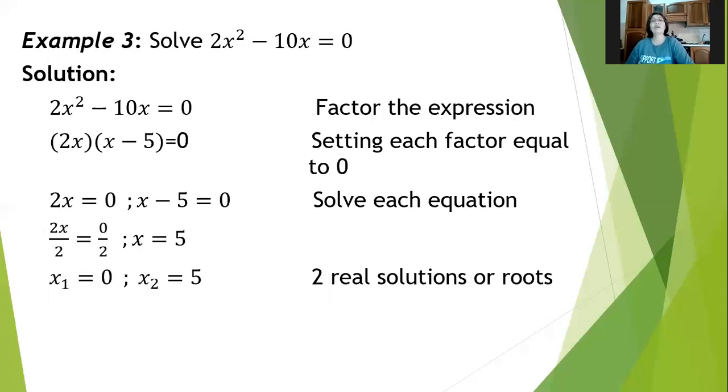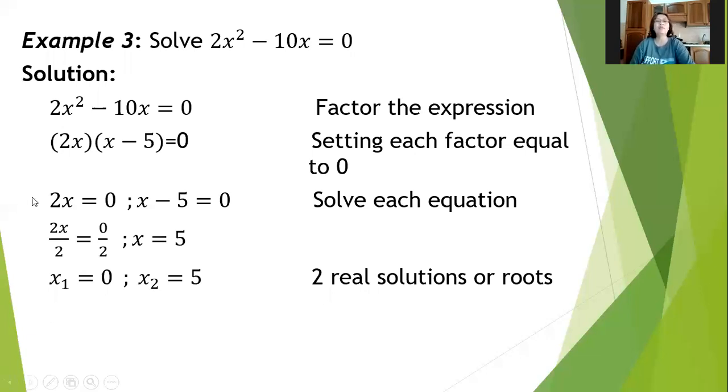Next, example number 3. Solve 2x squared minus 10x is equal to 0. We have to factor the given expression. Since it is expressed in ax squared plus bx plus c is equal to 0, we have to find a common monomial factor.